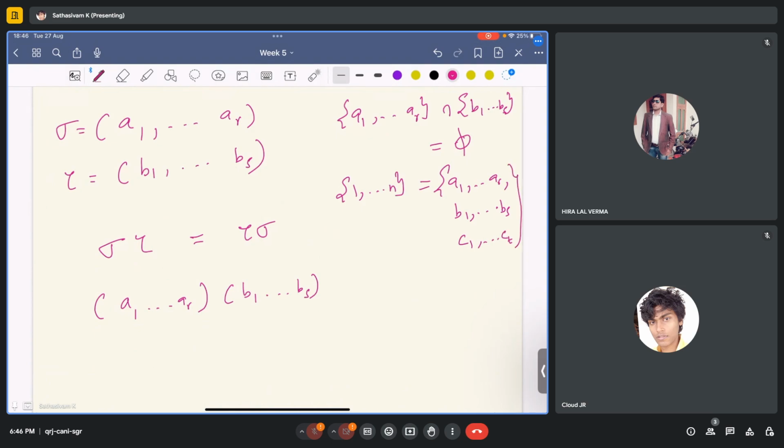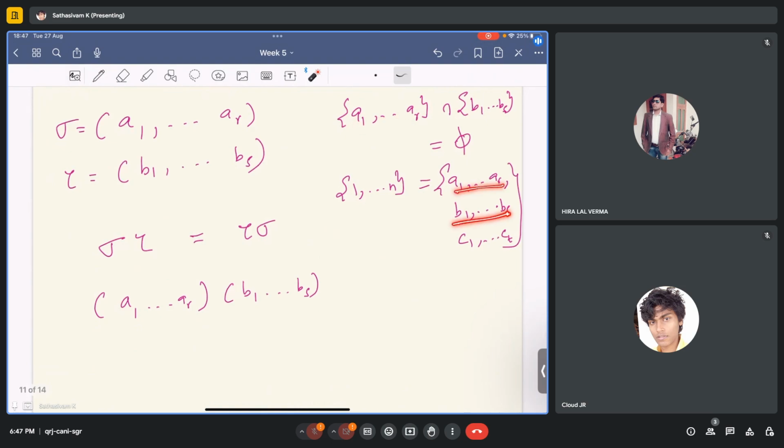Why can we write it like this? These two are disjoint, so these elements belong to this set anyway, and there may be some elements remaining in 1 to n which are not these elements. Call them C1 to CT.